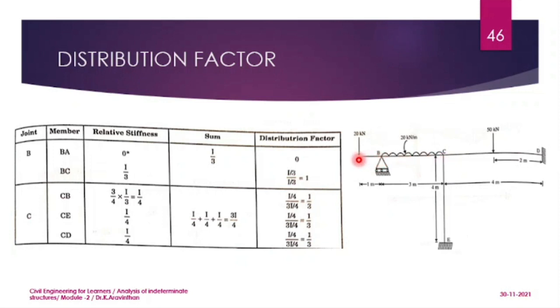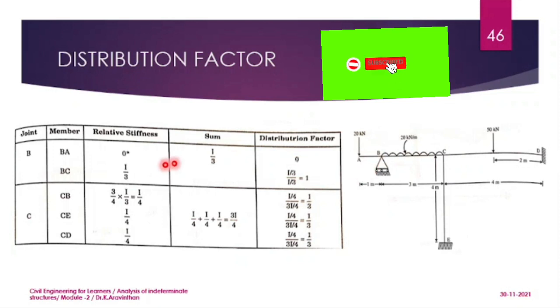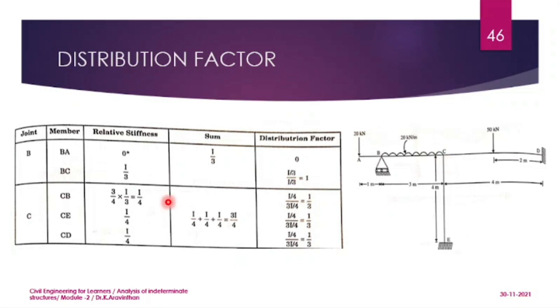See, at the joint B you have BA and BC. When the opposite end doesn't have any support, you can take the relative stiffness as 0, and if the opposite support is partially hinged, then the formula is I by L. And L is 3 meter here.